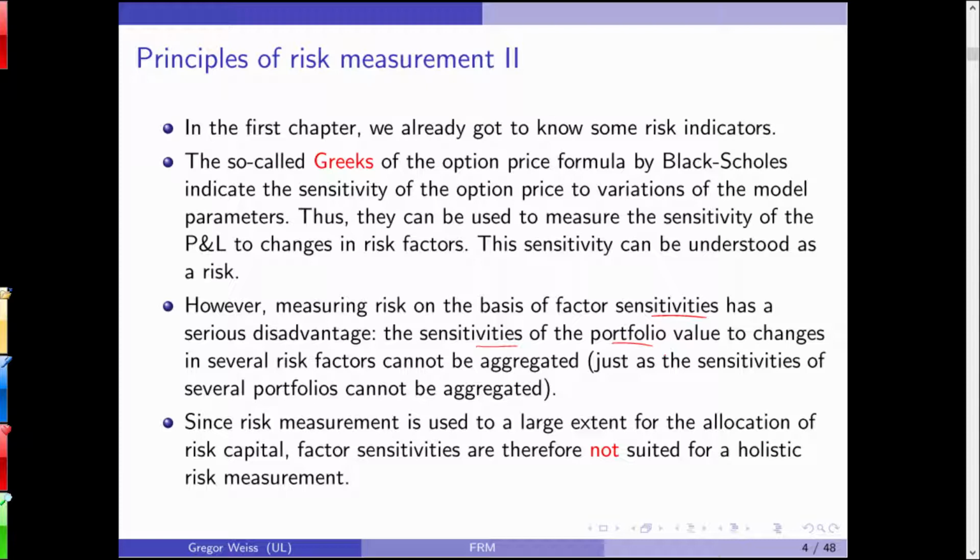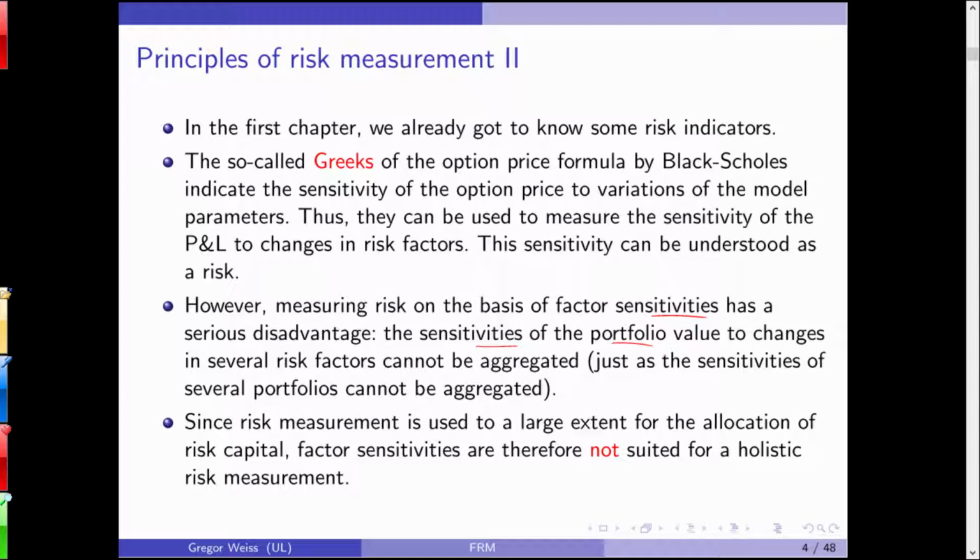We want pecuniary units and a pecuniary risk measure, meaning if we have an investment in an option, we want to know how large could our potential loss be. 200, 500,000, or maybe 1 million euro. But not 3.2% or whatever, but we are interested in monetary units.